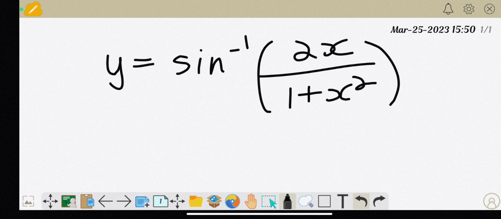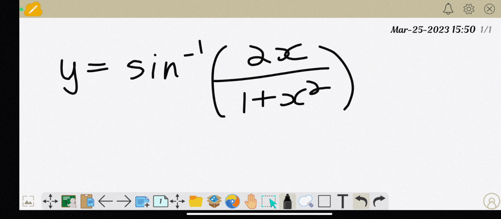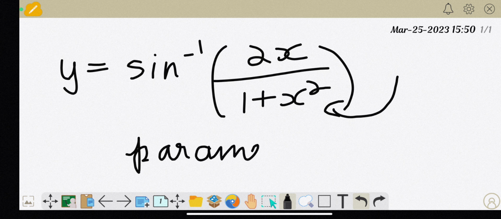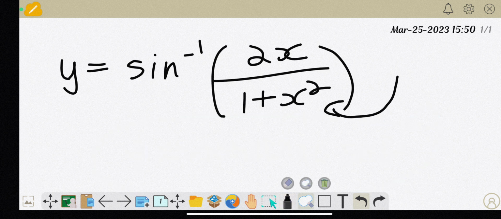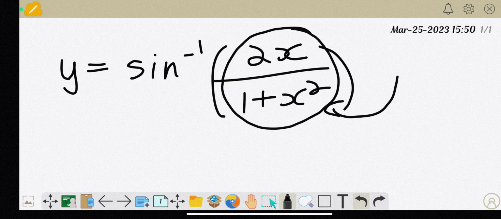So now see, here we have to use a special method called parametric substitution. Okay, so according to this method, whatever x is there, you have to replace it with such a function so that you can simplify this easily.